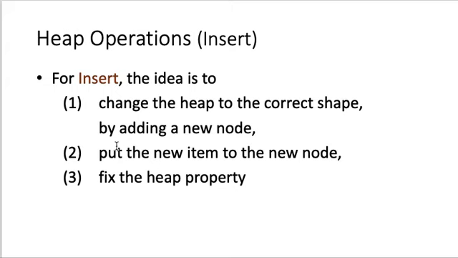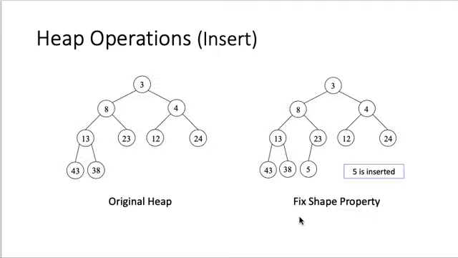After that, we will simply put the new item into the new node. But in this way, we only have the shape property okay, but the heap property may not be correct. So in the third part, we are going to fix the heap property. We will see an example soon about exactly how we do each of these steps.